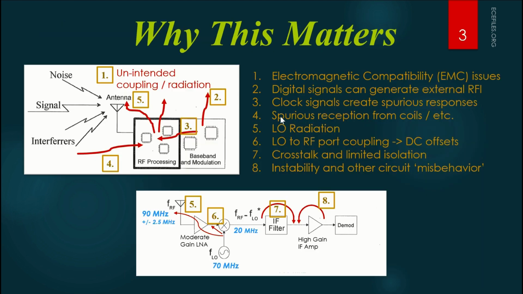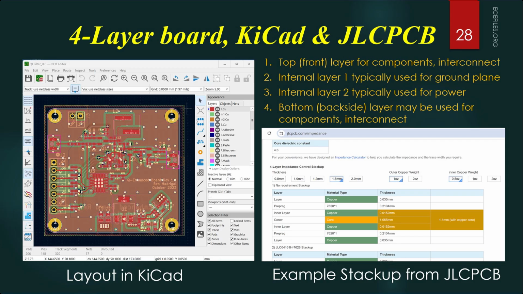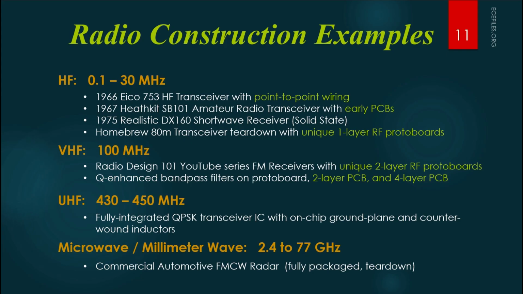Well, remember this slide. These are some of the problems that those parasitics create. They also make our circuits not work sometimes. So we're going to look at, for example, why construction techniques changed over the years from tube-based designs to transistor and integrated circuit designs, but also to multi-layer circuit boards. But we've covered a lot today, and I think I probably need to stop this video here, and we'll cover this material in a part 2.